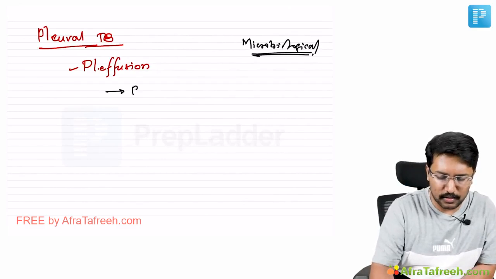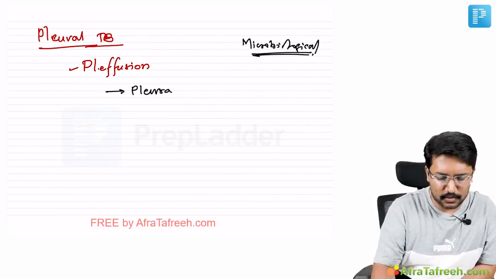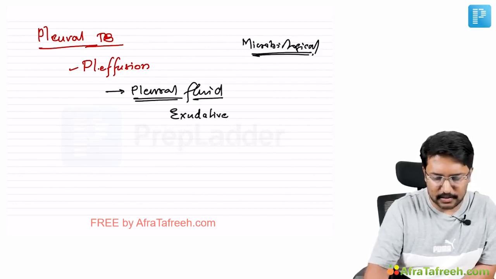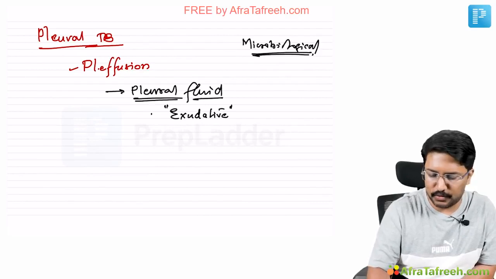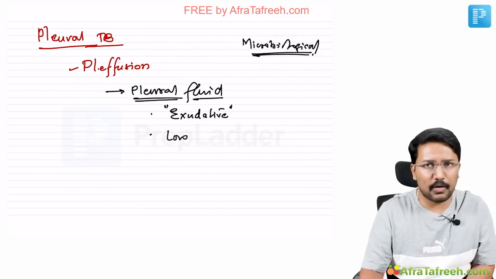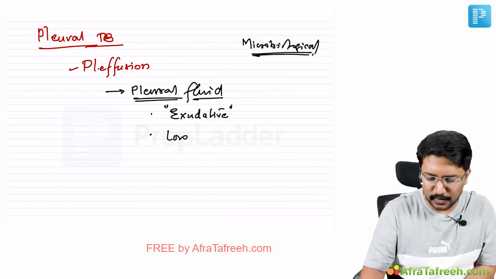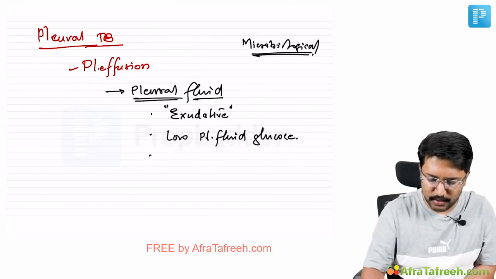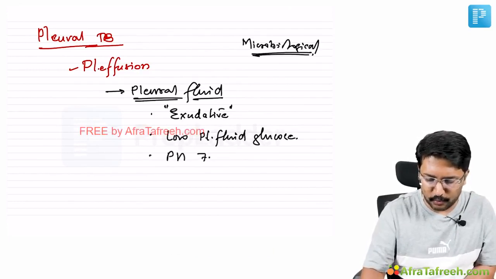When we do pleural fluid analysis, what we notice is that it typically causes an exudative effusion, right? When you apply Light's criteria, you notice that it is an exudative pleural effusion, often associated with low pleural fluid glucose, maybe normal, but in most cases low. The pH is usually around 7.3.